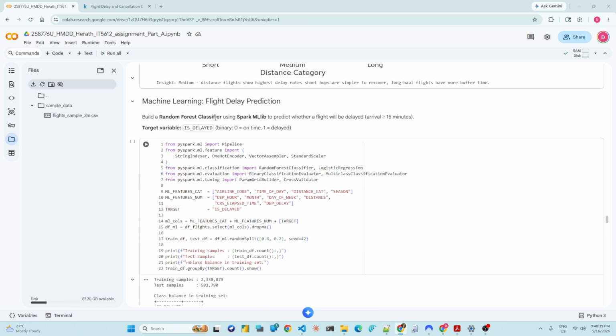Then I will explain this machine learning part. I imported Spark machine learning lib components: string indexer, one hot encoder, vector assembler, standard scaler, and the random forest classifier.